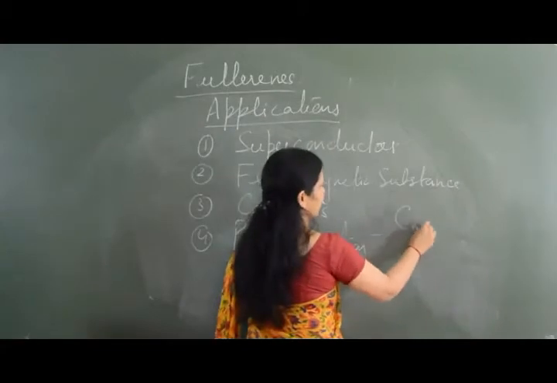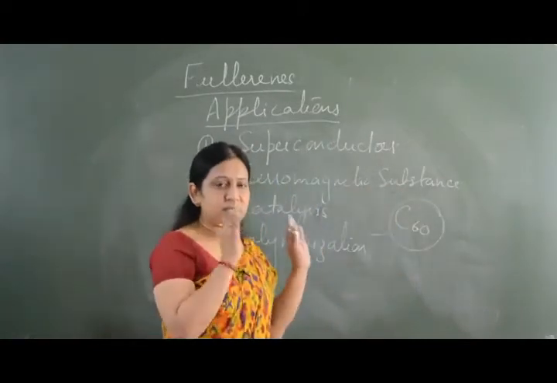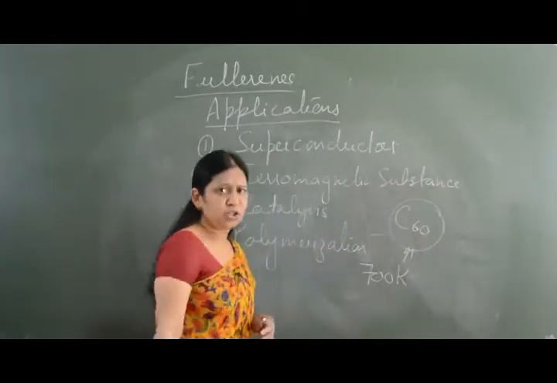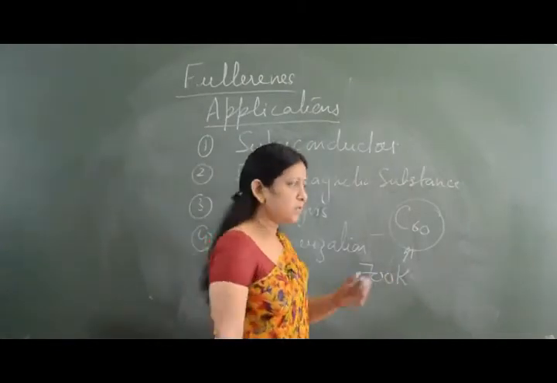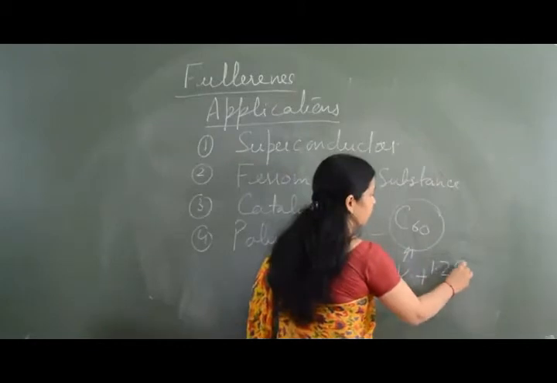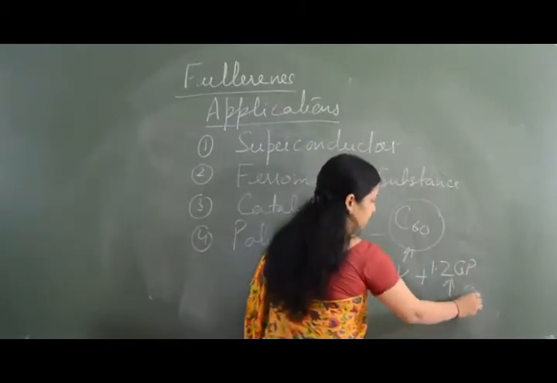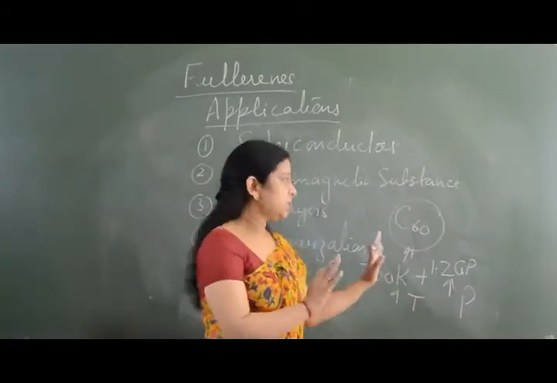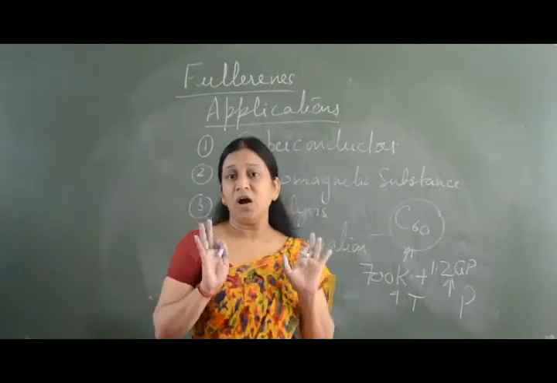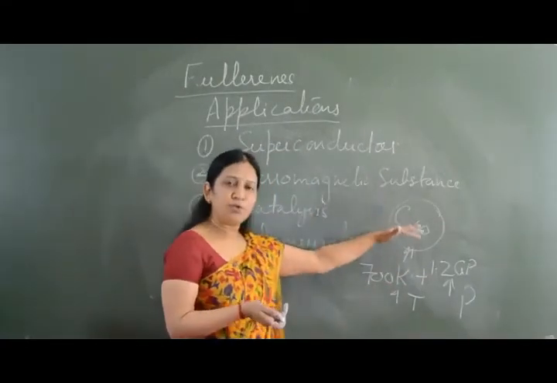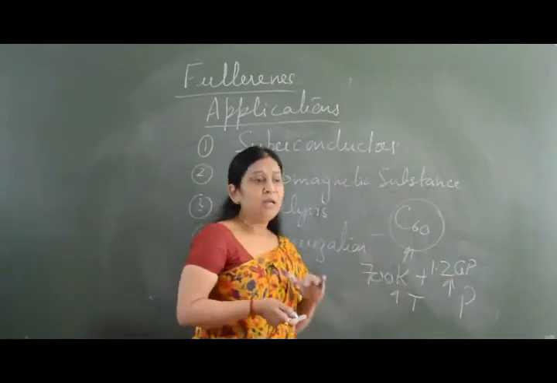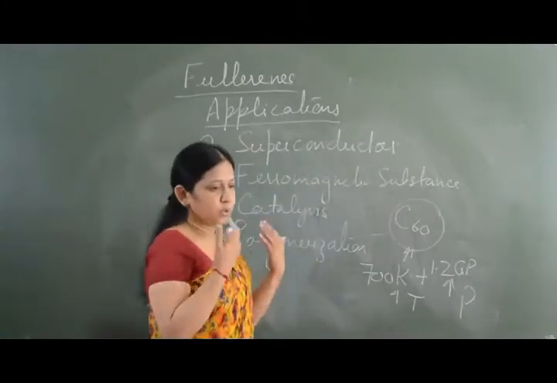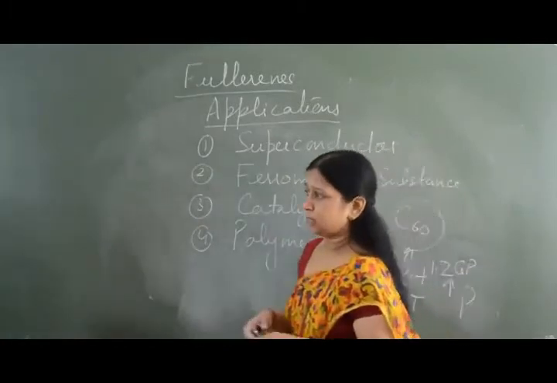For example, if we take C60 and subject it to 700 kelvins of temperature, the temperature can vary from 600 to 700, plus 1.2 GPa of pressure, for 5 hours, then a cycloaddition reaction can take place, which will lead to polymerization. So these are some of the applications of fullerenes.